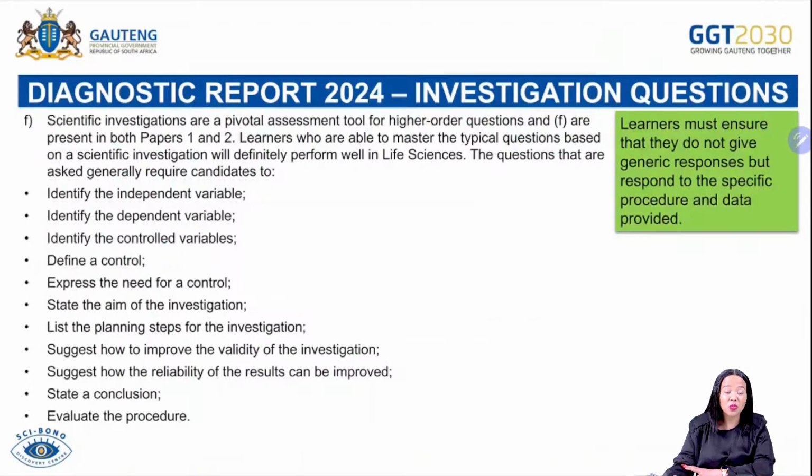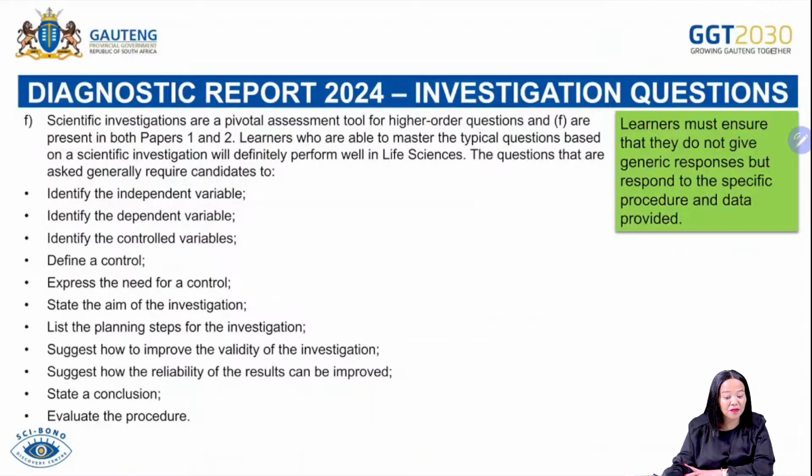And remember, like we said when it comes to terminology, independent variable, we are talking of a variable that the investigator can manipulate, the variable that the investigator can change in the investigation. This variable is the one that affects the outcome of the investigation. It is the one that influences the dependent variable.